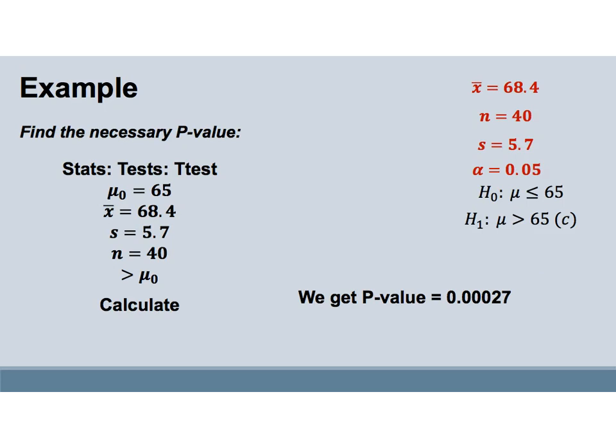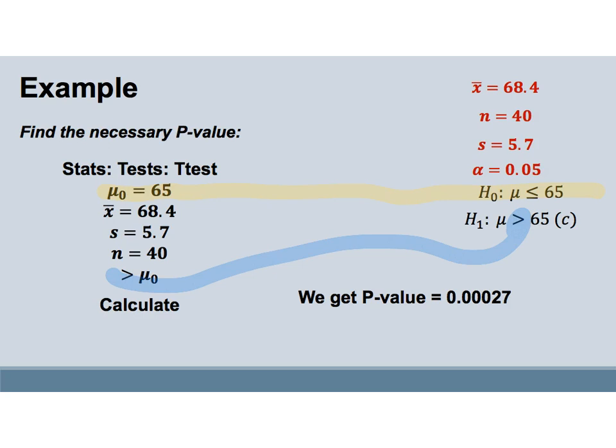Alright, so t-test is in the same spot as all the rest of them. I do stats and go over to tests. T-test is the second one. Again, it should be on stats because I didn't put any data in. And just like before, the mu naught comes from H naught, and the last one comes from your alternative.